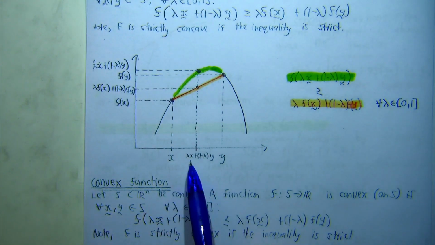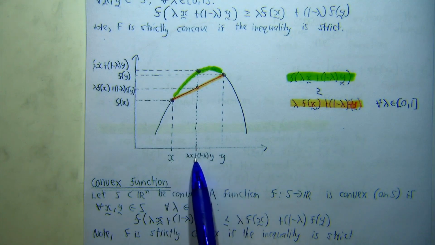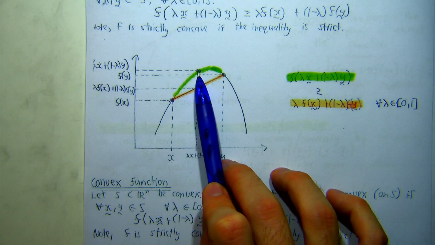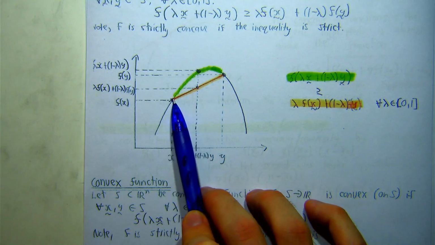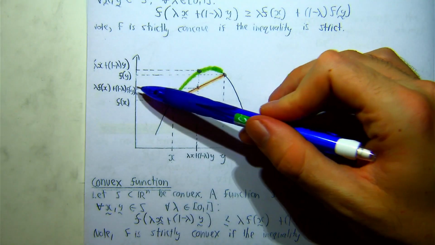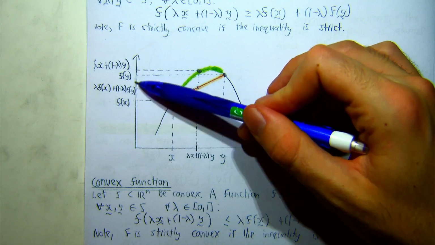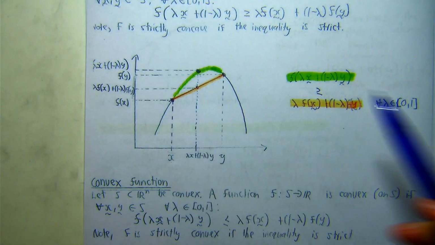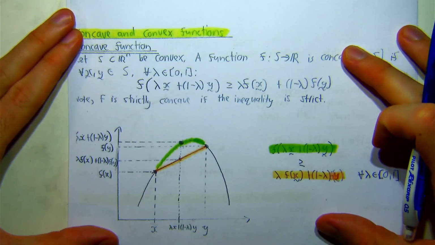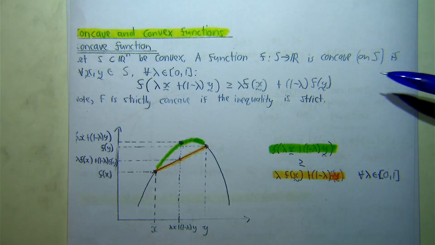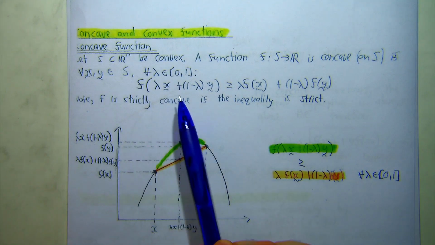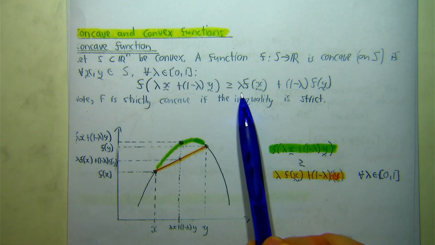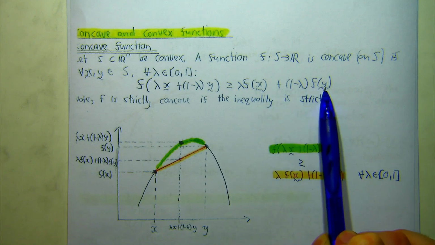So we're analyzing in between x and y, is that plugged into the function above or below the combination of f(x) and f(y)? So f(x) and f(y) here, combination in between, x and y combination in between. How does that go in the function? And that's how the definition goes. So a function is concave if f of the combination of x and y is always greater than or equal to lambda f(x) plus (1 minus lambda) f(y).